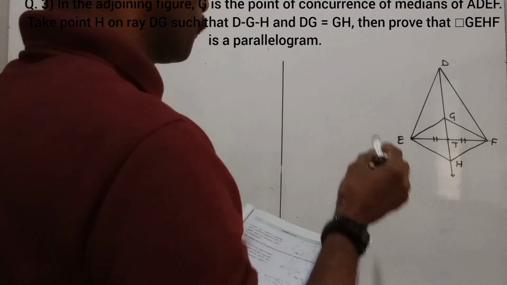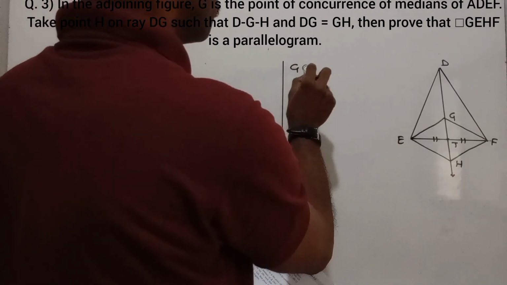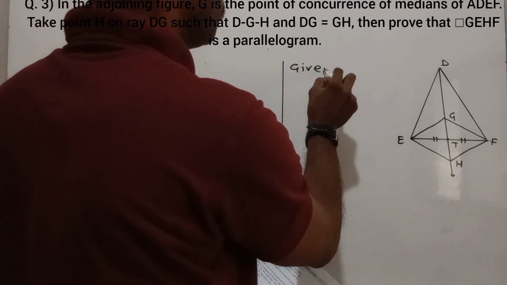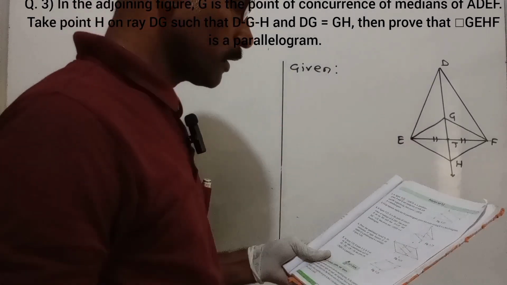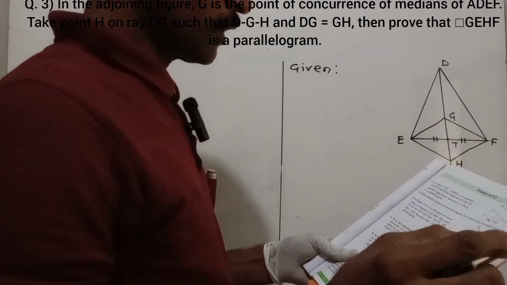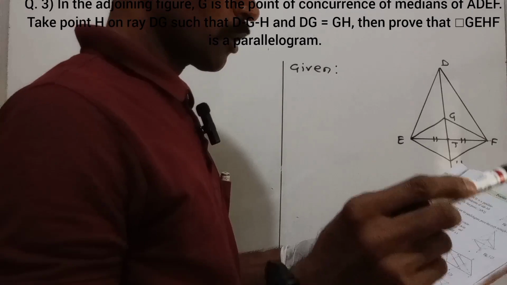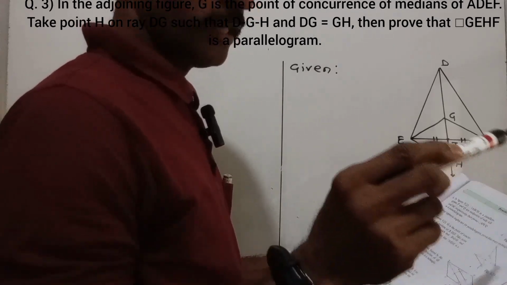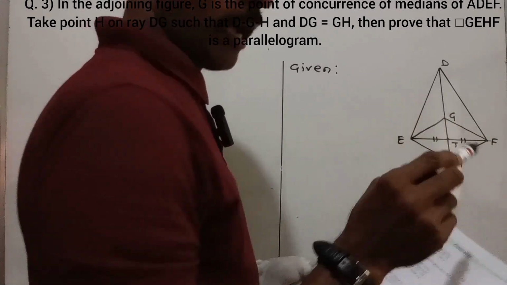Now see here carefully. First we write given. What is given? G is the point of concurrence of medians of triangle DEF.